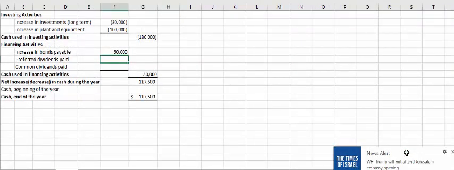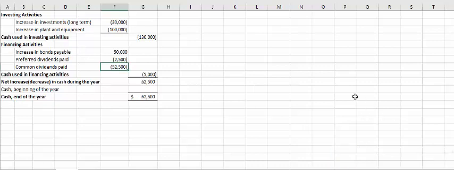And then to reward our shareholders, our preferred shareholders and our common shareholders, if you look at the notes, it tells you that it was $5 a share dividend for your preferred shares. 500 shares times $5 a share is $2,500 that we pay out, so it's money that we use. It's 100,000 shares outstanding, so it's minus 105,000.